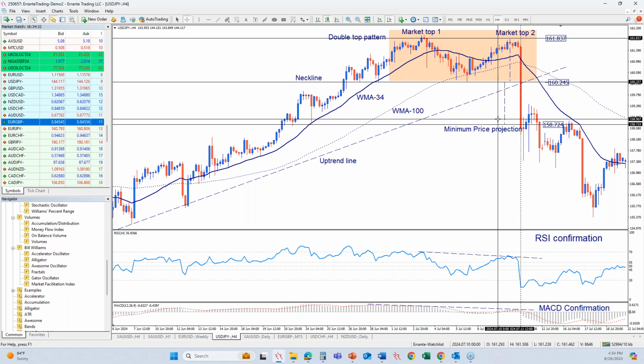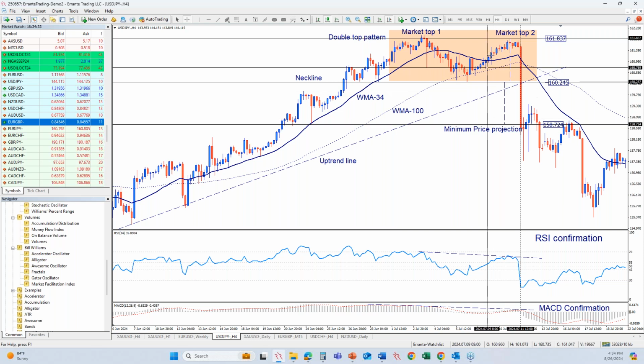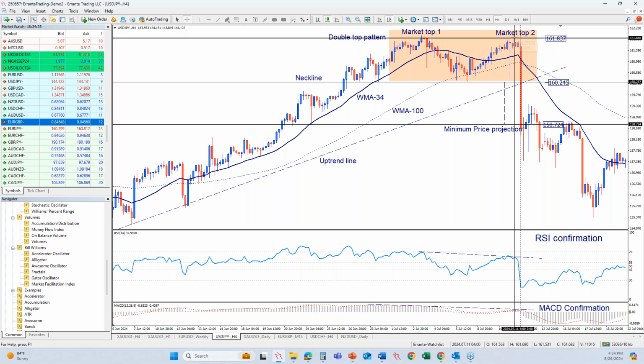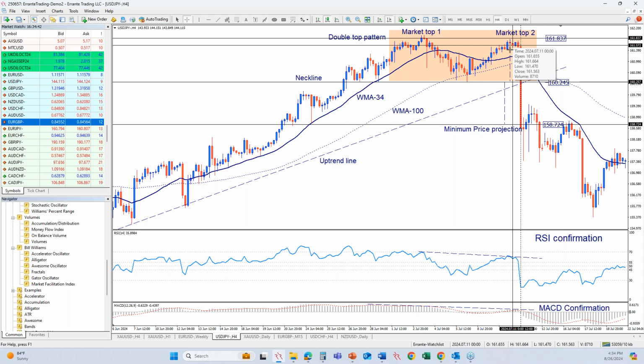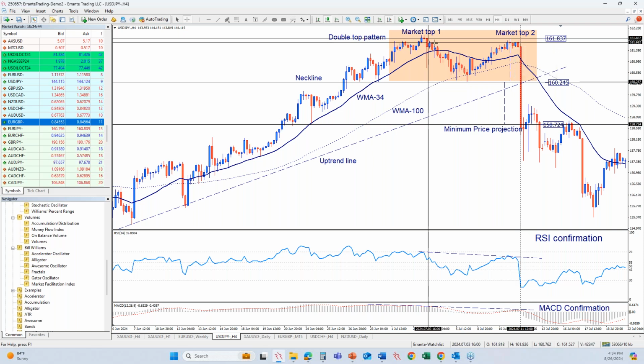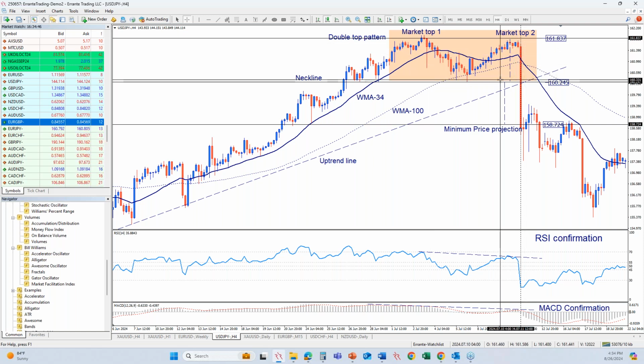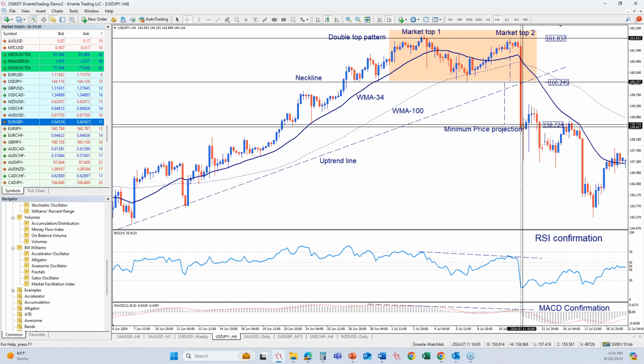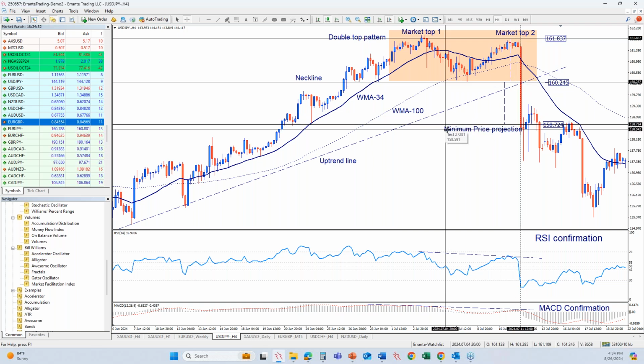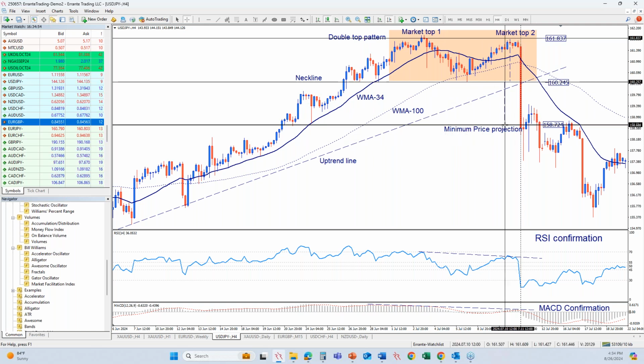This target is calculated by measuring the height from the neckline to the peaks, market top 1 and market top 2, as you see here, and projecting that distance downward from the neckline break. It's going to be the minimum price projection for this pattern, which the market has achieved very fast.